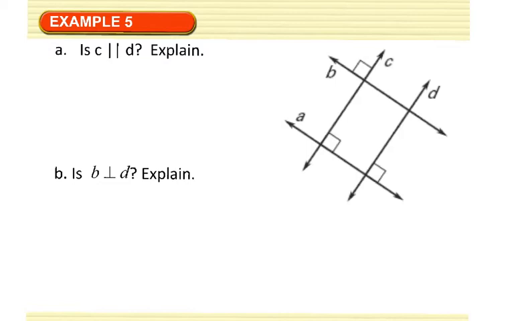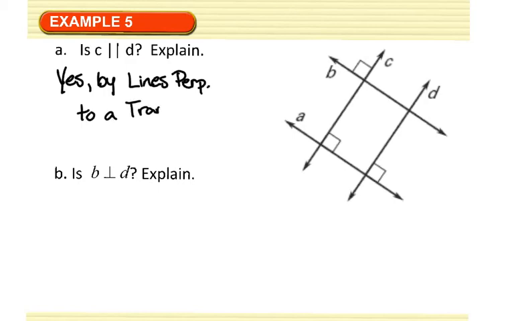If we look at it closely, C and D are going to be parallel because they're both perpendicular to this same transversal A. And that right there is using the lines perpendicular to a transversal theorem. Say yes, by lines perpendicular to a transversal theorem.